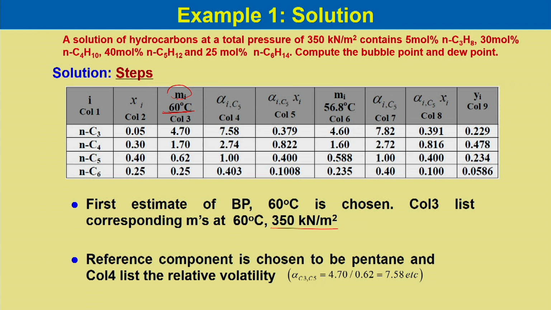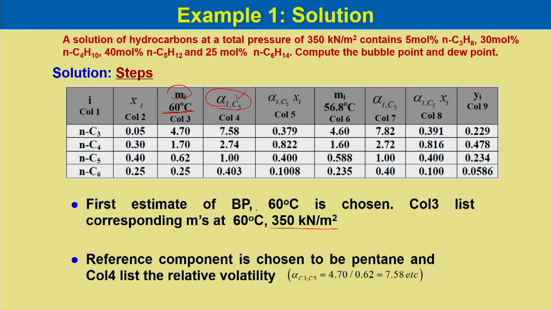The reference component is chosen to be pentane, and column 4 lists the relative volatility. You can see the relative volatility is with respect to component 5, the reference component. So, alpha iC5 is the relative volatility of component i with respect to component 5.